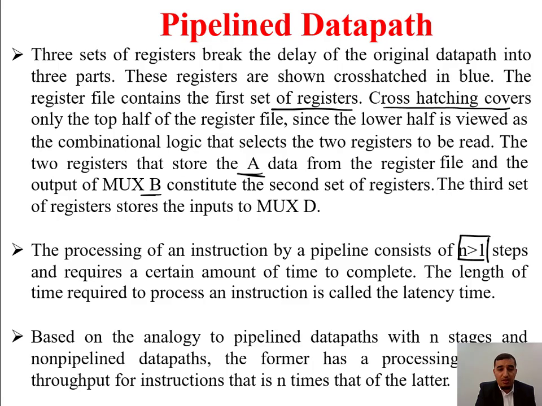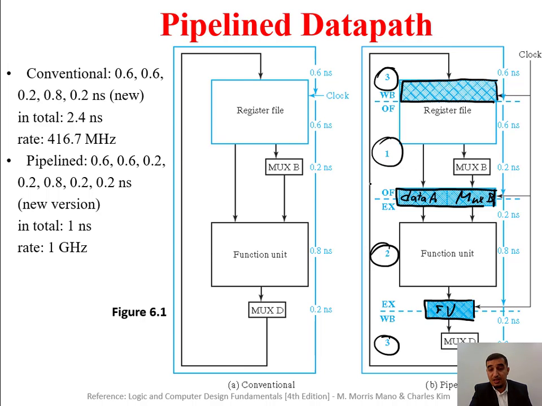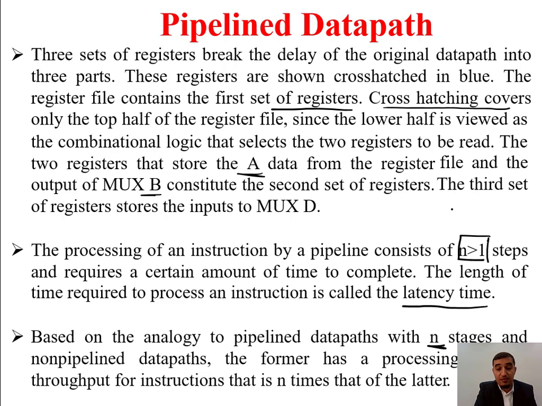So the length of the time required to process an instruction is called the time latency. Based on the analogy of a pipeline data path with n stages, where here we have 3 stages, n may be 3, 4, 5, 6, anything greater than 1, and non-pipeline paths, the former has a processing rate, throughput, for instructions that is n times the latter.